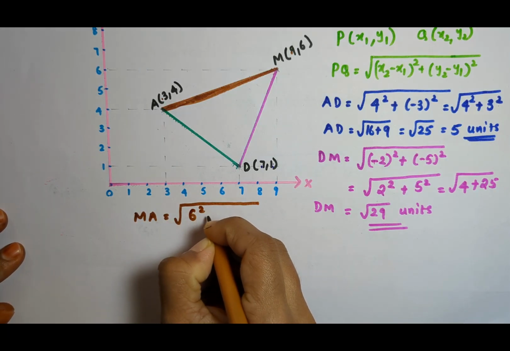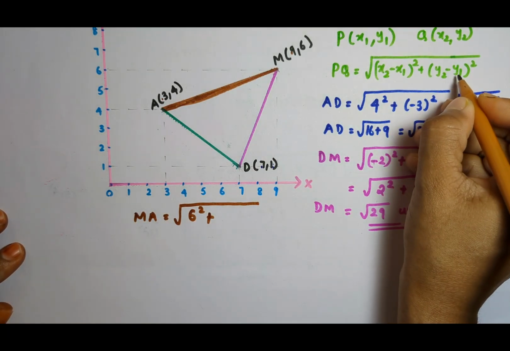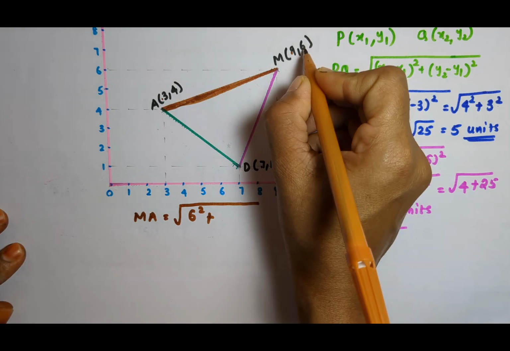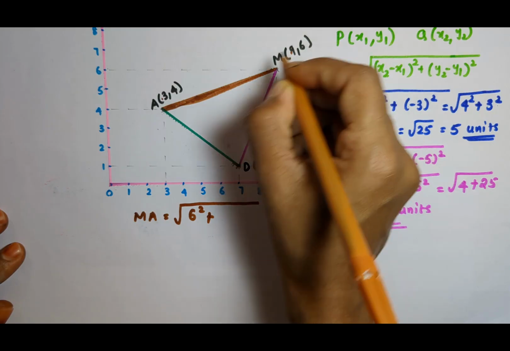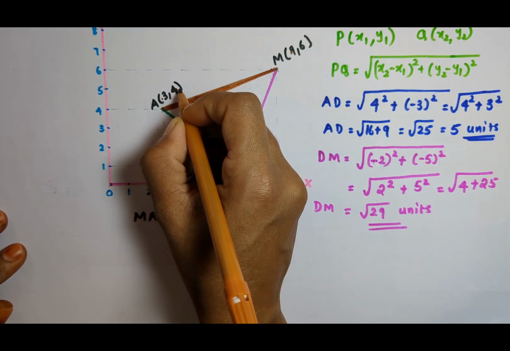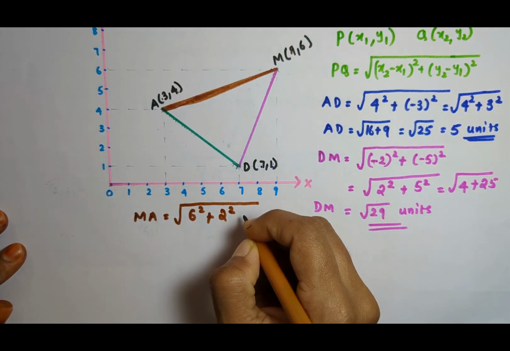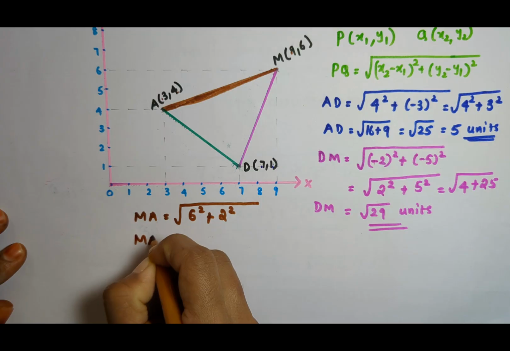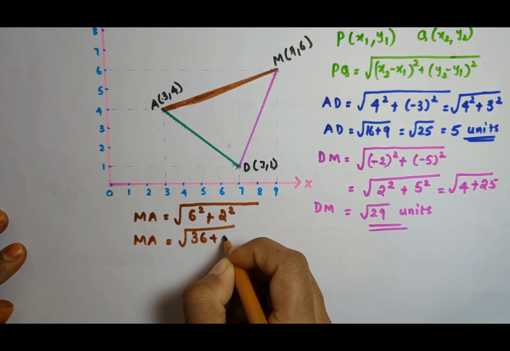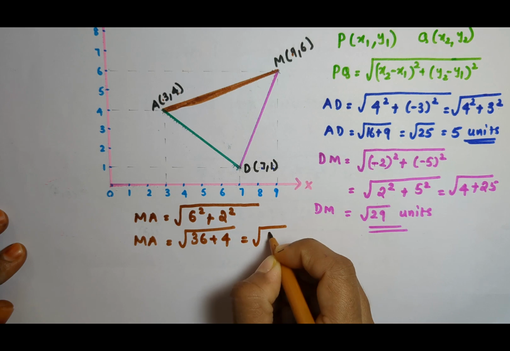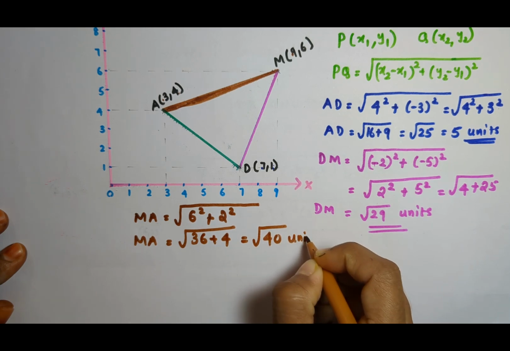So 6 square plus y2 minus y1 all square. y2 means y component of M, y1 means y component of A. So y2 minus y1 means 6 minus 4, which is 2. So 2 square. MA equals square root of 6 square is 36, 2 square 4. So this will be equal to square root of 40 units.